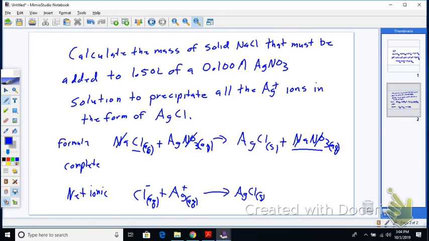I'm left with chlorine and silver ions. But if you guys wrote everything out, you'd have the Na plus, chlorine minus, Ag plus, nitrate minus, the AgCl. Well, there she is. We're just doing a little bit of precipitate reaction.